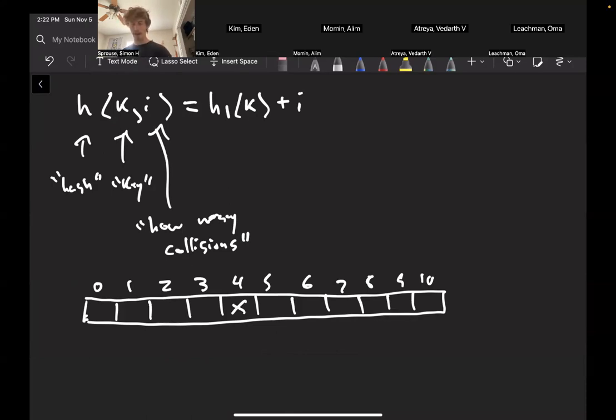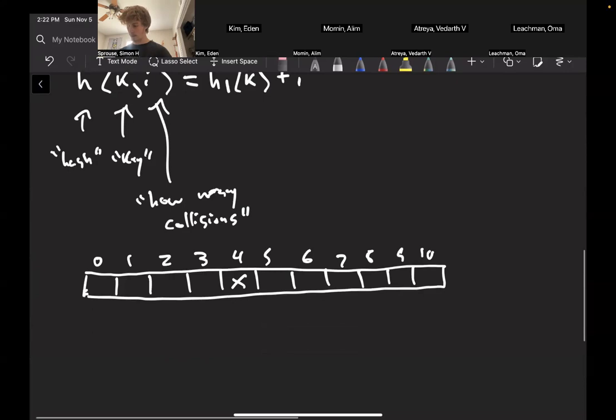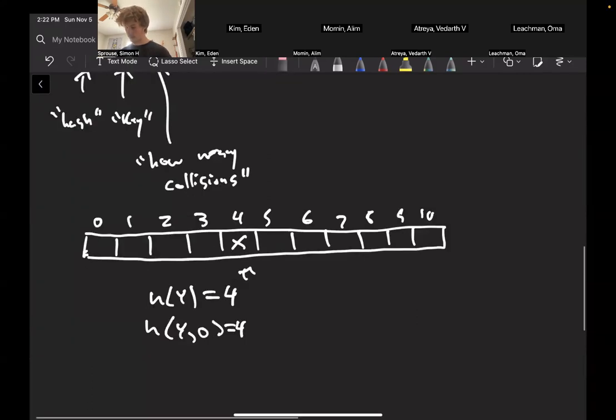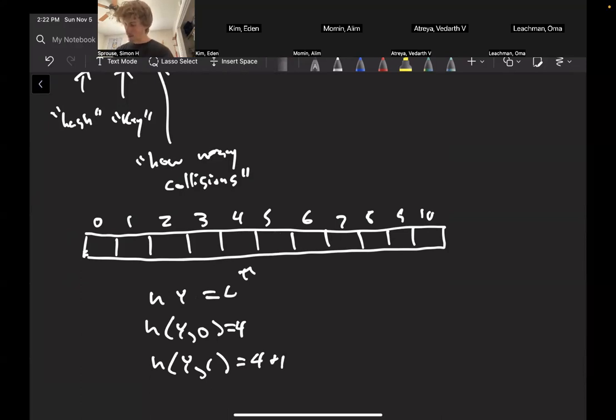So imagine we've got element x here, and then hash of element y equals 4, and we're trying to put y here. We would handle that by saying, okay, if hash of y0 is equal to 4, and 4 is taken, now we're just going to compute hash of y1, and that's going to equal 4 plus 1, and that'll put us here. So that essentially, in a nutshell, is how we're solving this problem.